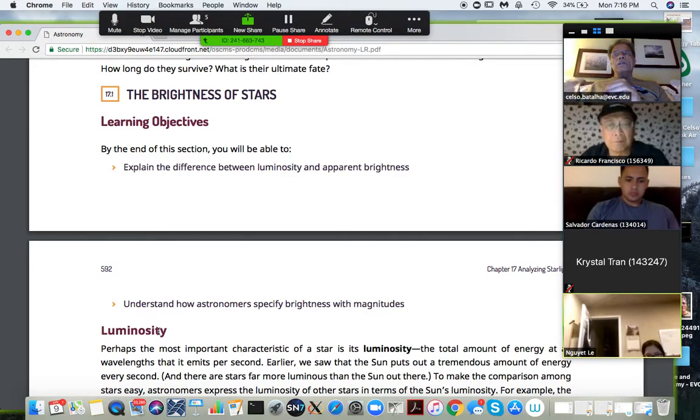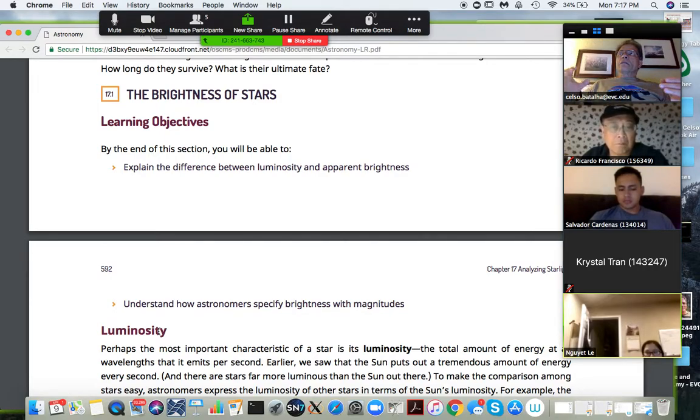So a star is luminous if it produces a sufficient amount of energy per time, which is power, in a given area. And luminosity is a quantity that is different from brightness.